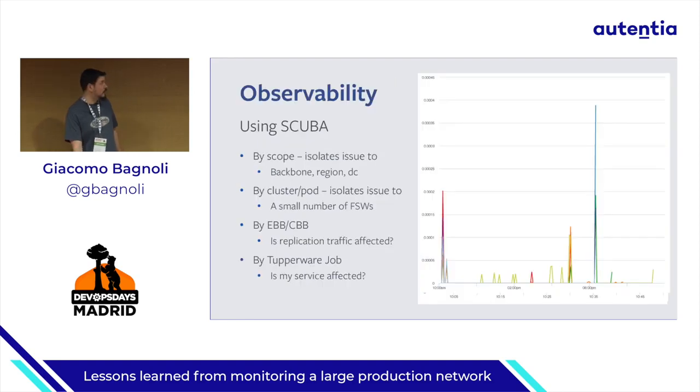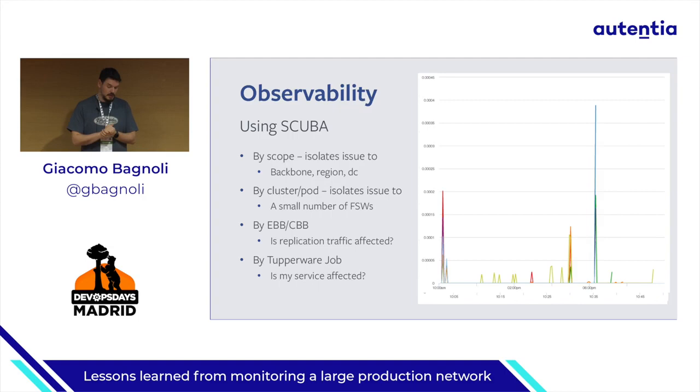So how does it look in practice? Using Scuba, we graph many things. For example, we can isolate whether it's the backbone or inside the region. We can do the same for a cluster or a pod, which are units that group together a bunch of servers or a bunch of connector devices. Or we can see whether it's affecting EBB, which of the 2 backbones is affected most.